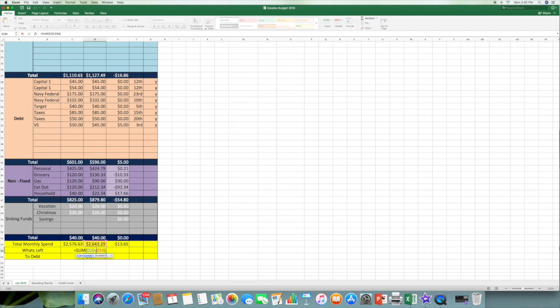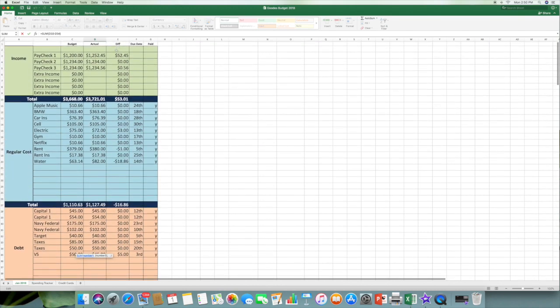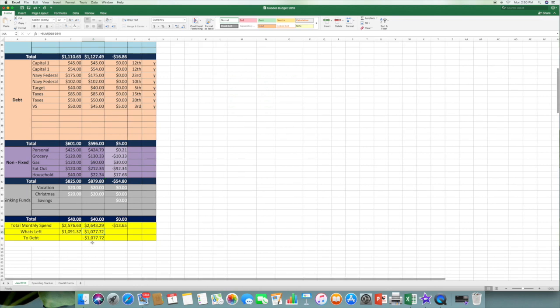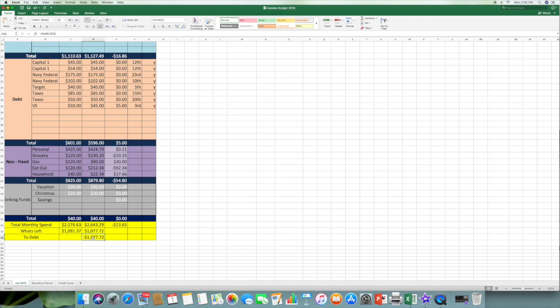So that should be D10, which was up here. D10, how much I actually came in with my income, minus what I actually spent. That gives me what's left, which is $1,077.72. This is what I would put to debt or put an amount to savings.